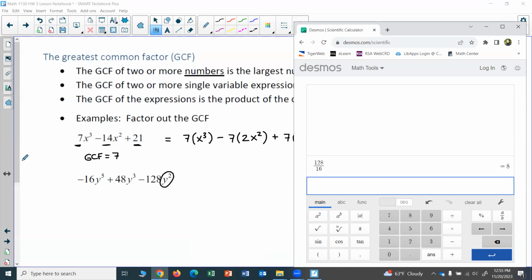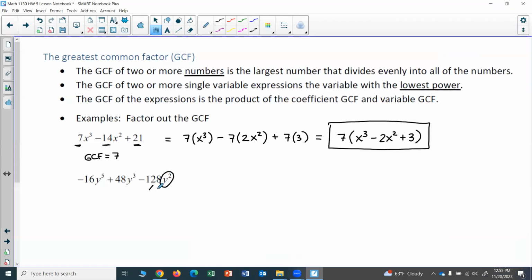So I'm going to write 128 is 16 times 8, 48 is 16 times 3, and 16 is 16 times 1. So my GCF in this case is going to be 16, and then the variable to the lowest power was y squared, so 16y squared.